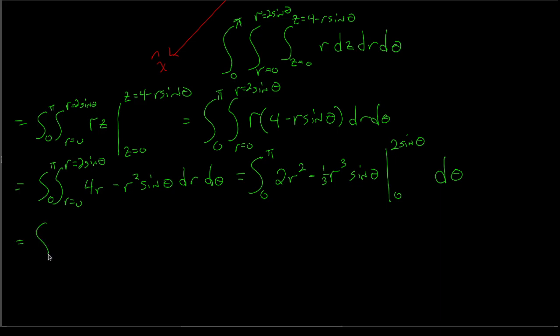So continuing on, I'm going to have 0 to pi, and now I'm going to replace in. So I'm going to get 2 times (2 sine theta) squared minus 1/3 (2 sine theta) cubed times sine theta. And if I do the zeros, there's nothing on the 0 side again for the fundamental theorem, so I'll have d theta out here.